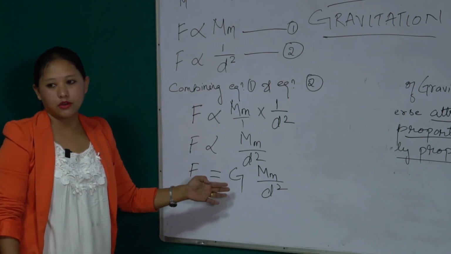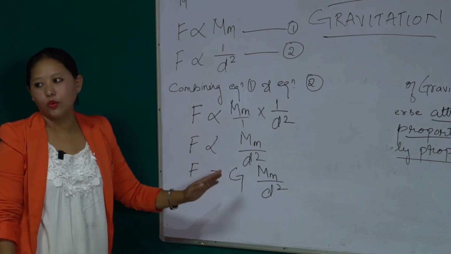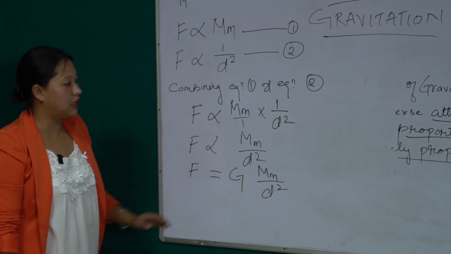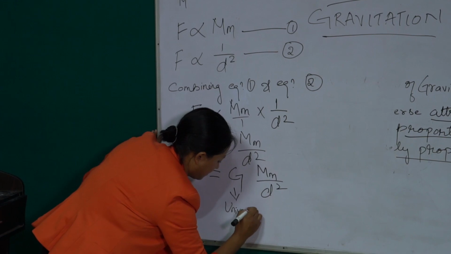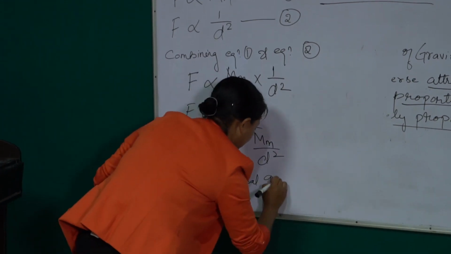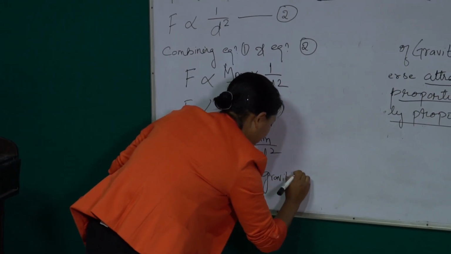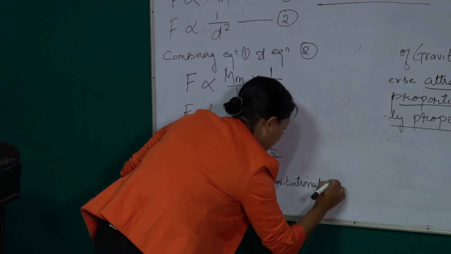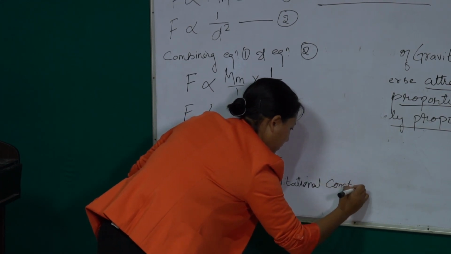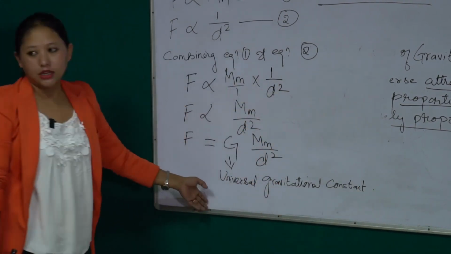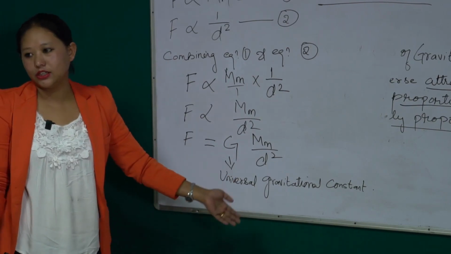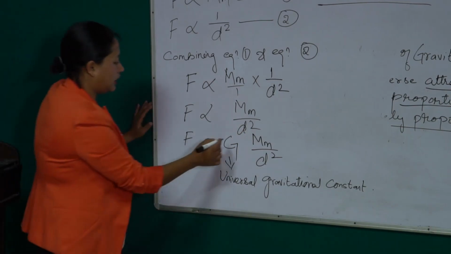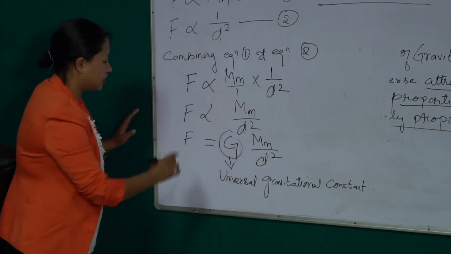Now what is this G? This G is a constant, the universal gravitational constant.